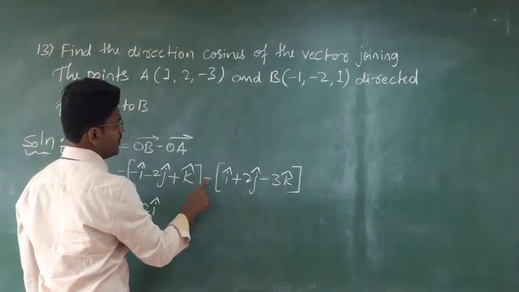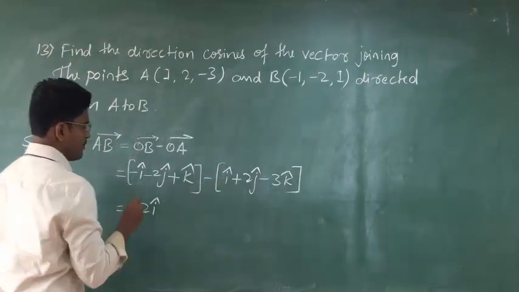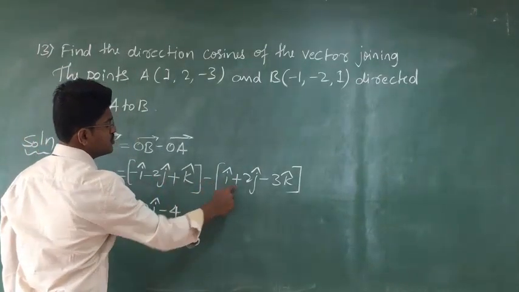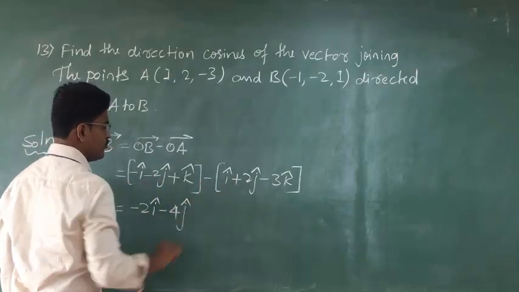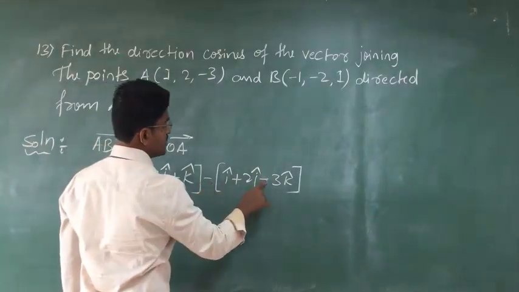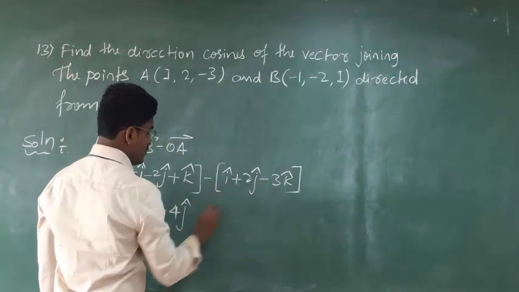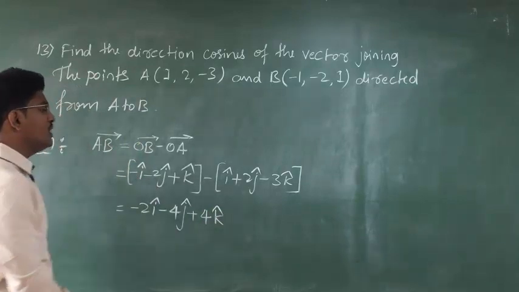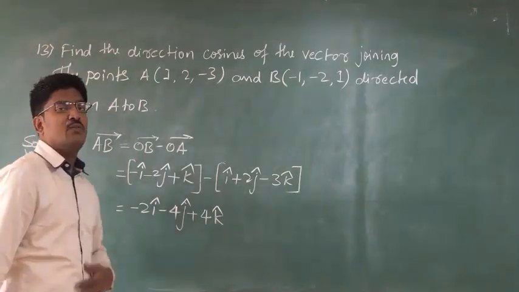Then minus 2j cap minus 2j cap, so it will be minus 4j cap. Minus into minus, this is plus 4k cap. Clear? So now you got vector AB.